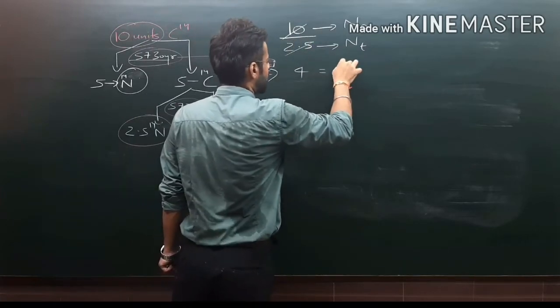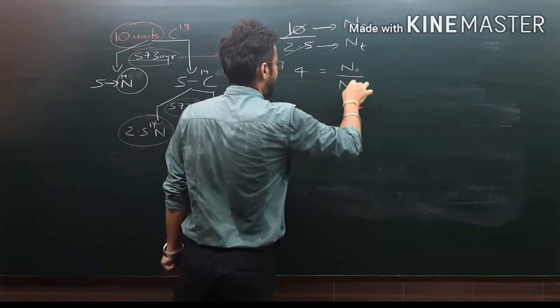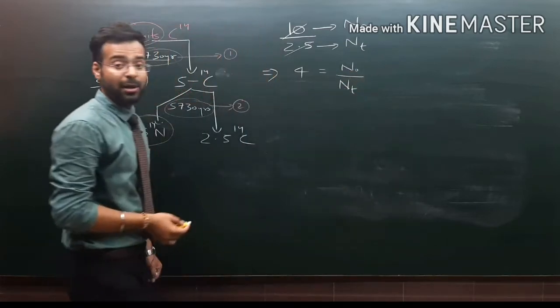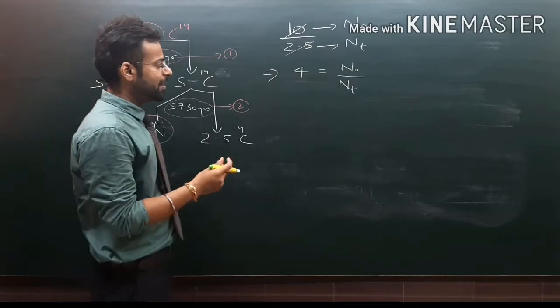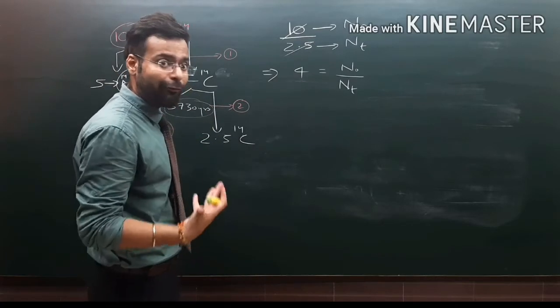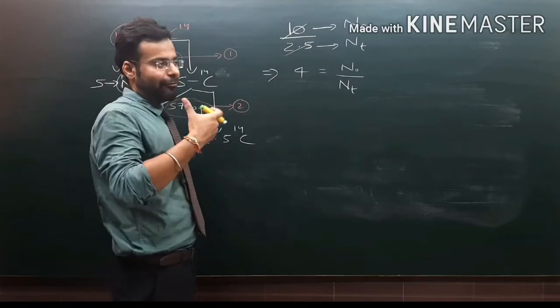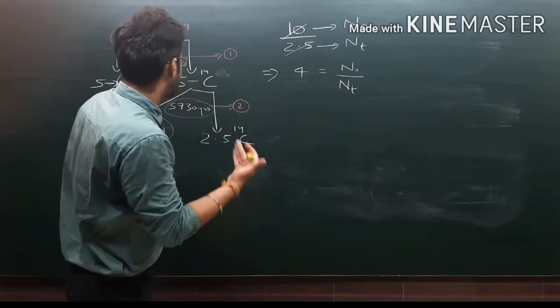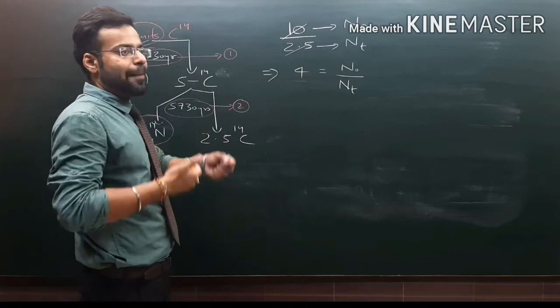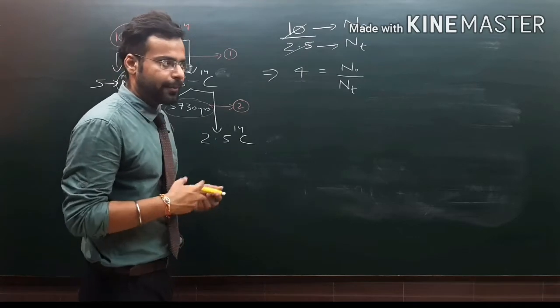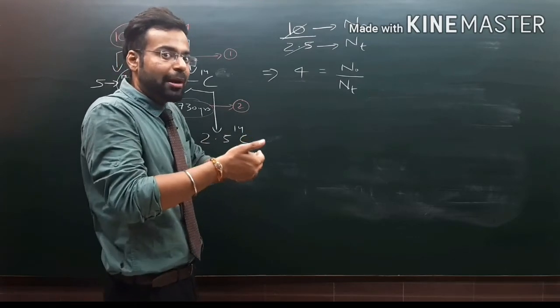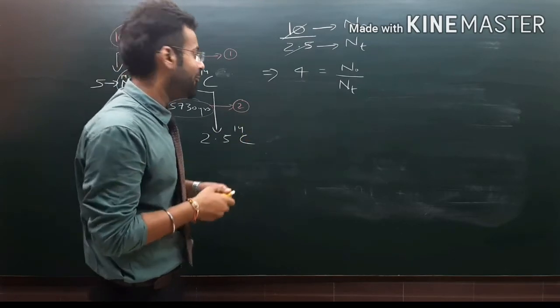So 4 is the ratio of N0 by Nt. That means the original sample has decreased 4 times, and it has become 1 by 4.